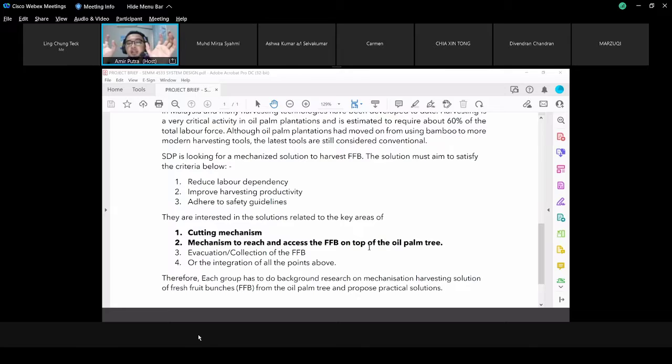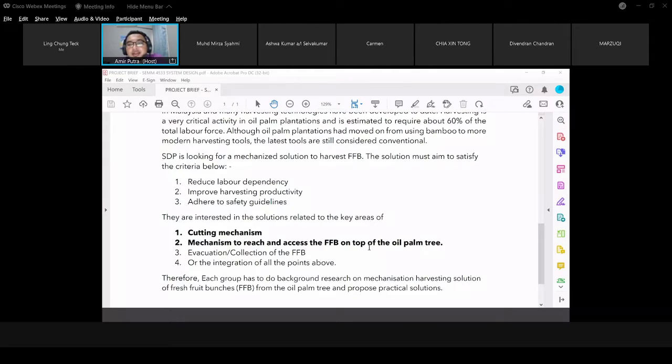With cutting, the fruit goes to the ground and you need to collect it. The second option is to collect from the top of the oil palm tree. So how would you propose a practical solution to this?